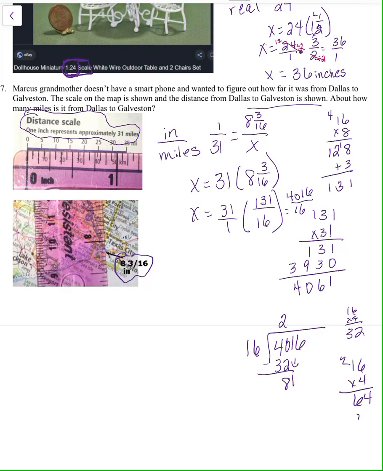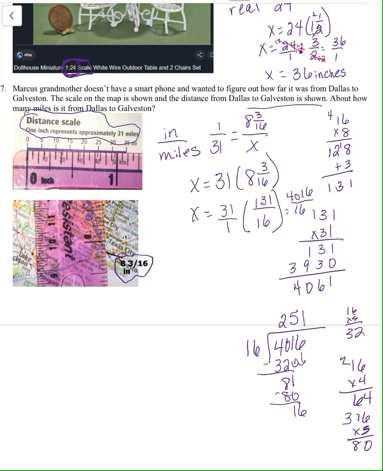So let's just try 5 to see. Maybe it'll go 5 times. Oh yep, it'll go 5 times, so that'll be 80. Subtract, I get 1. Look at that, 16 goes into 16 one time. Who would have thought all those crazy numbers would have come out even? That's kind of cool.